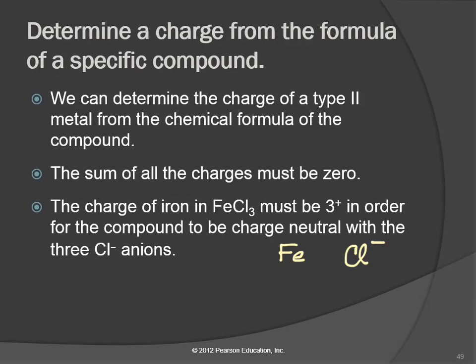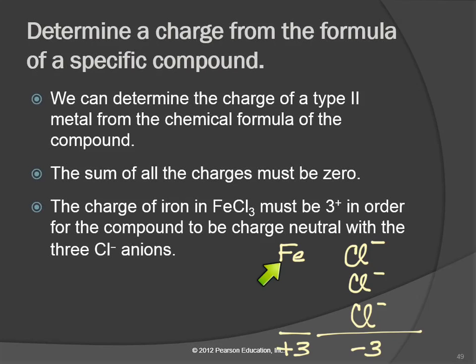We have to figure out what the charge is on the iron. How many chlorides are in the formula? There are 3. I'm going to just draw 3 of them here. So that's a total negative charge of -3, right? The positive charge and the negative charge have to be equal, so they add up to 0. So that means over here I need a +3 charge.